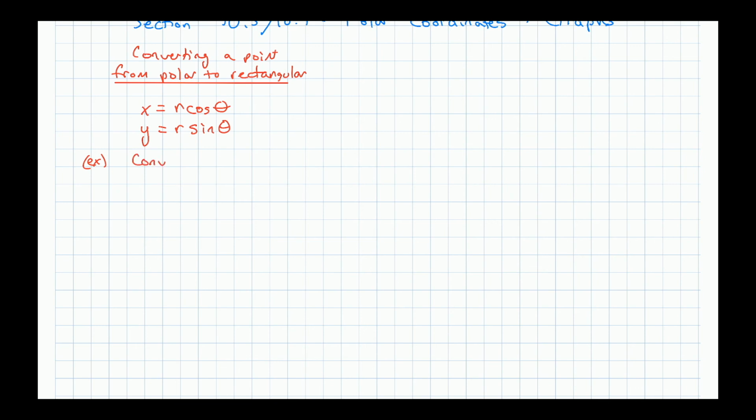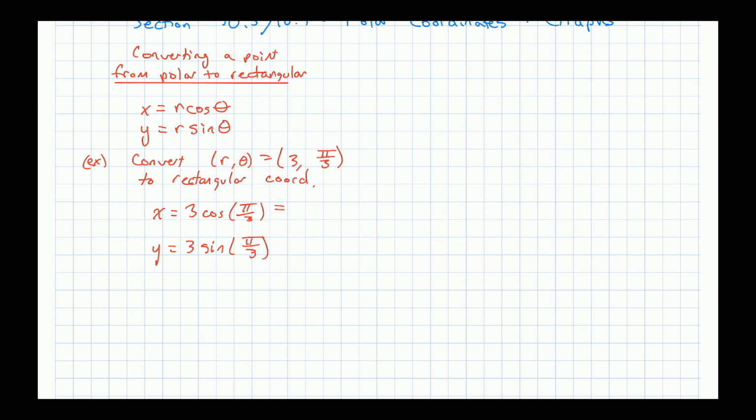If you had a point r, theta like 3 comma pi over 3, any theta will do here, and you wanted to convert it to rectangular, you would just use the equations. x equals r cosine theta, with r being 3 and theta being pi over 3, and y is 3 sine pi over 3, and you punch those into your calculator.